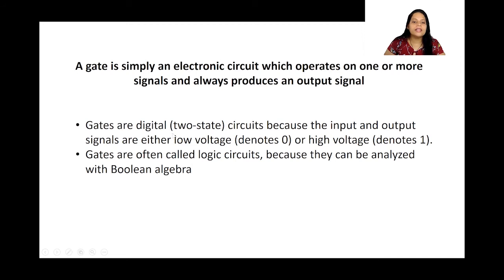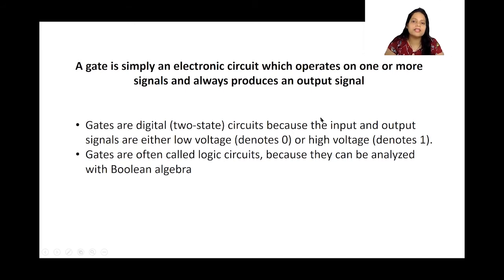So gates are digital circuits because the input and output signals are either low voltage or high voltage. Gates are digital circuits, so they have two states, either high or low. Whenever we say that we are giving input 0, it means low voltage.